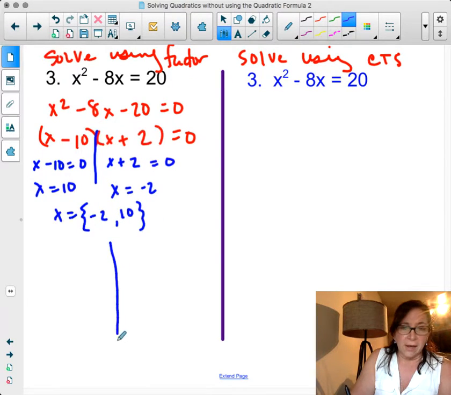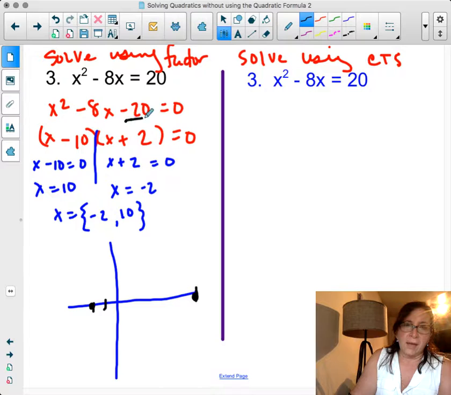And just know that, again, this is a quadratic. In graphing this, I do have an x-intercept at negative 2 right here, and I do have an x-intercept at 10. And I do have a y-intercept at negative 20. I know that because if x was 0, y is going to equal negative 20.